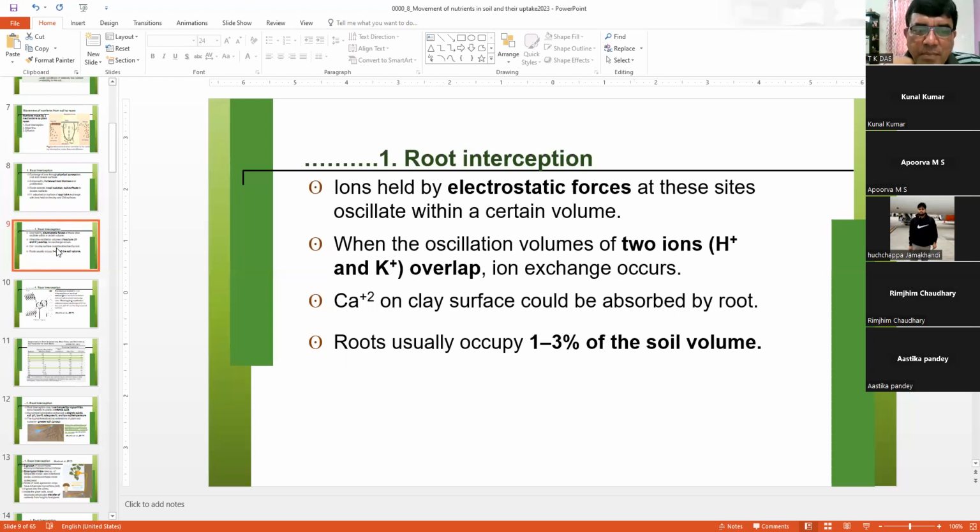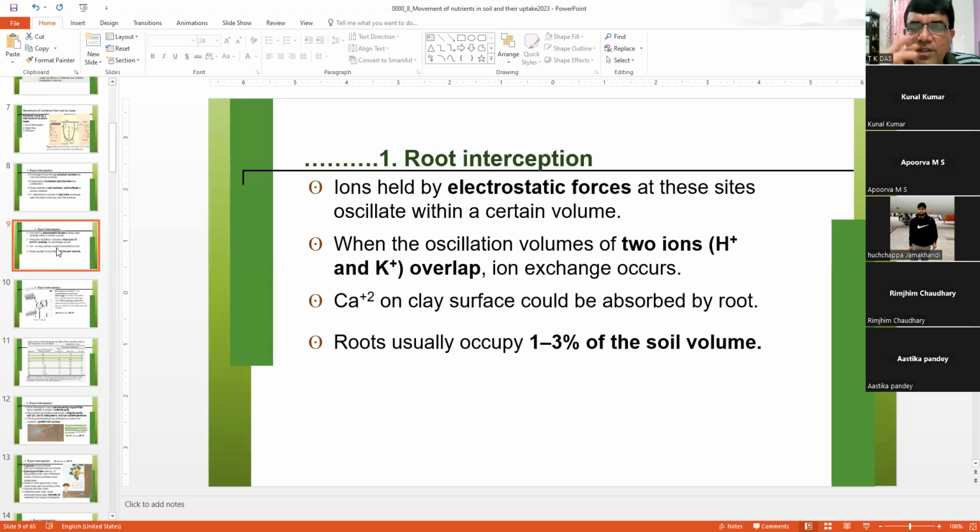So when the oscillation volumes of two ions, hydrogen ion and potassium ion, overlap, when they touch each other, then ion exchange occurs. When they touch or overlap each other during oscillation, then root interception or ion uptake can happen.